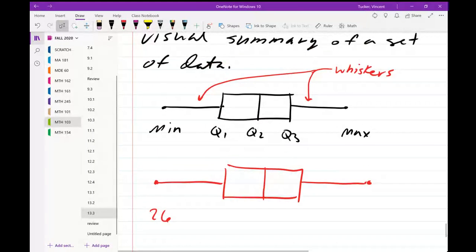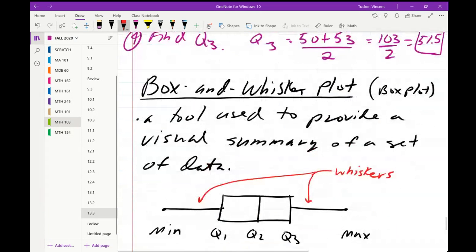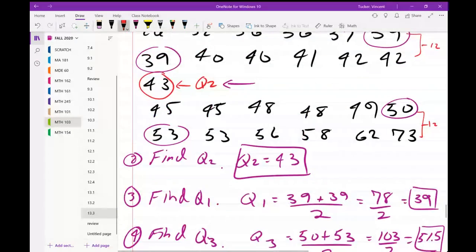All right, so our smallest value is 26. Q1 was 39. Q2, 43. Q3, 51.5, right? Yeah, 51.5. Then our maximum value was 73.